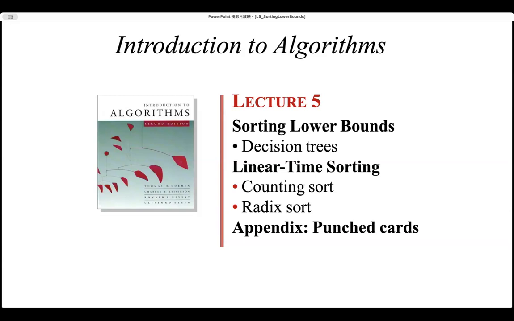So the previous sorting algorithms, basically, when we are doing the sorting, we compare numbers, right? Every time we make a decision, before we decide to do something in the previous sorting algorithms, we always compare two numbers and then decide what we do in the next step.